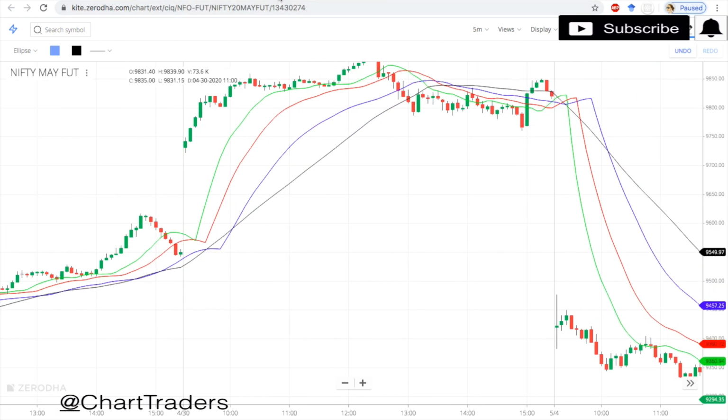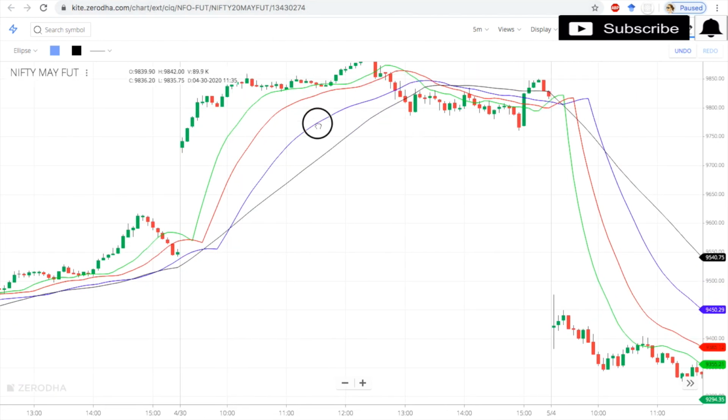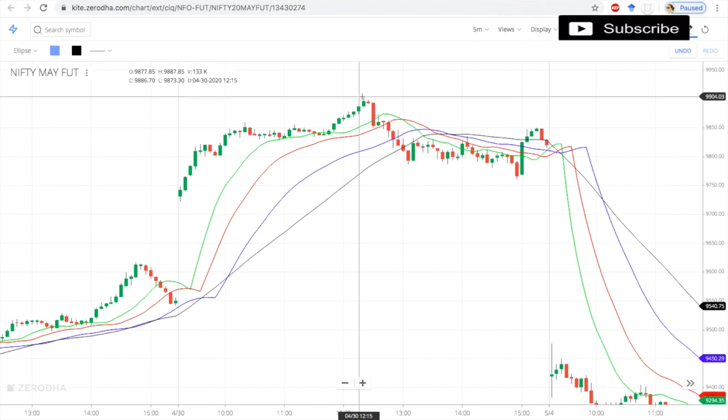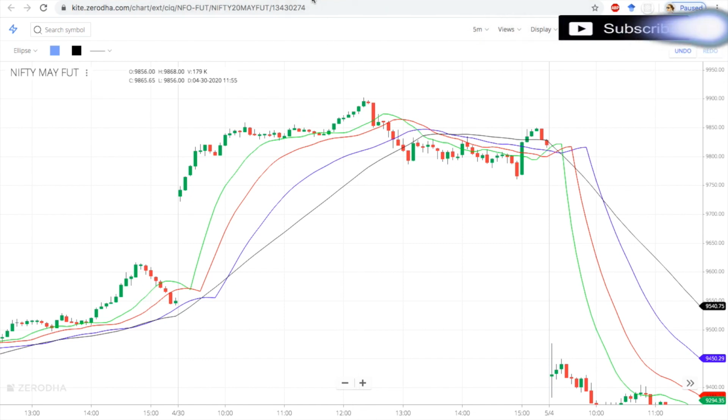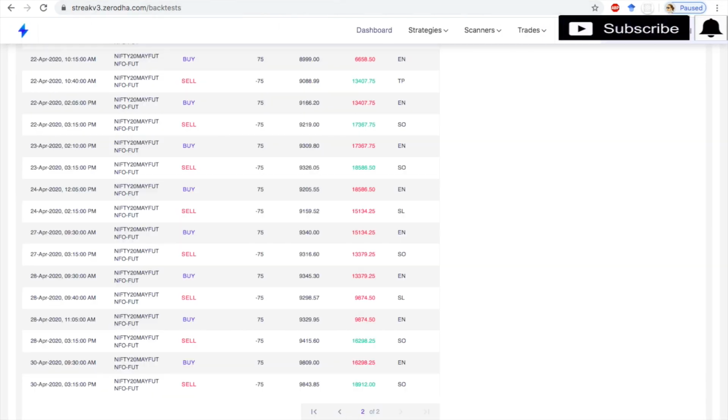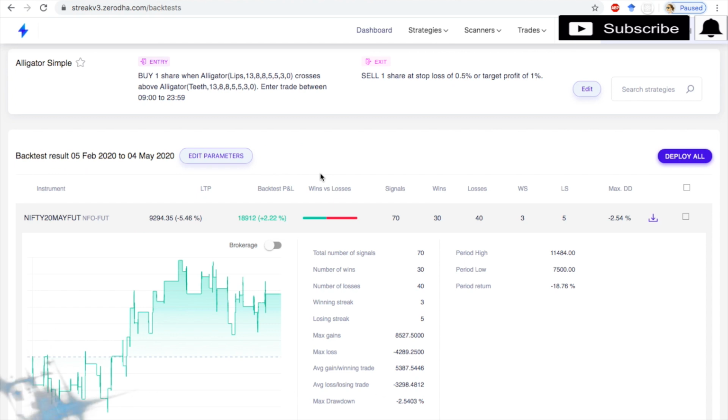And the exit point here is my 0.5 and 1 percent, which depends on the trend and market situation. I have backtested so many algorithms multiple times. You can watch the accuracy of the different indicators, compare different algorithms or indicators based on that accuracy, and choose your trade setup based on the situation. The link is given below in the description box.